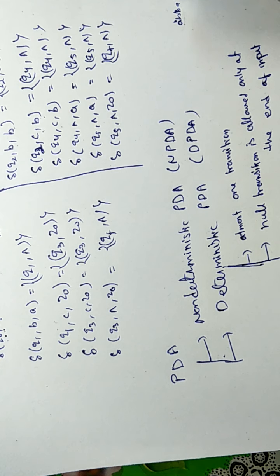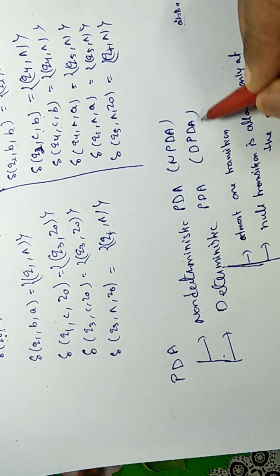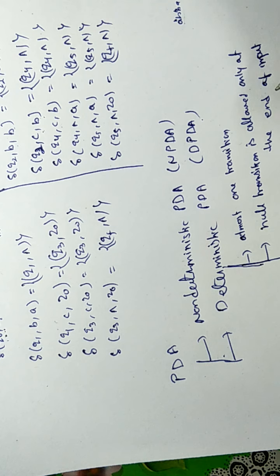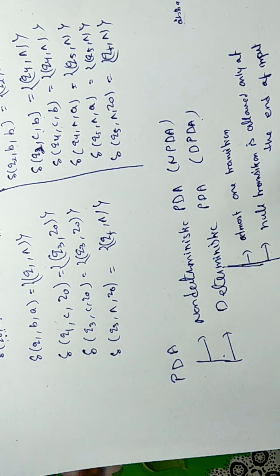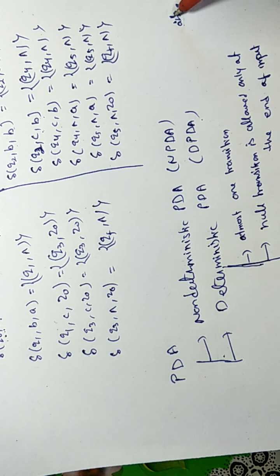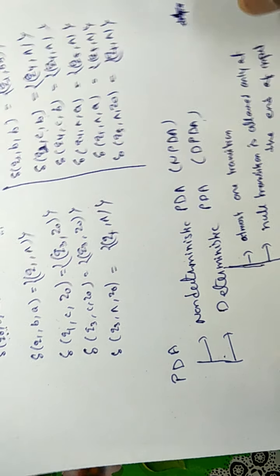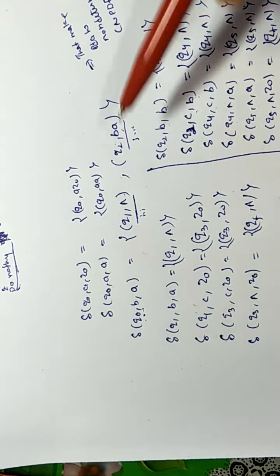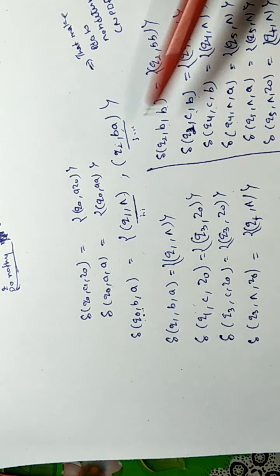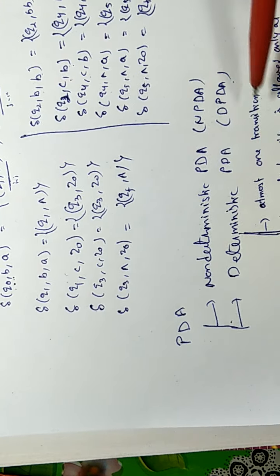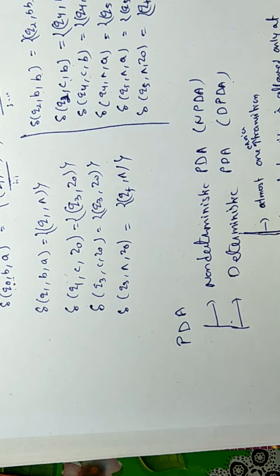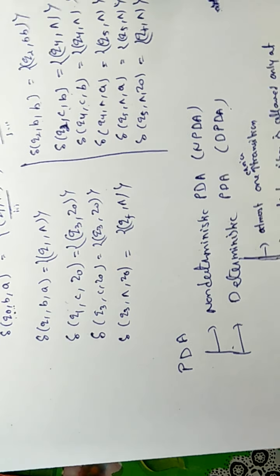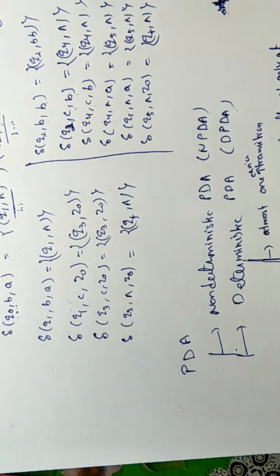In DPDA we assume null is at the end of the input. In NPDA we can write null transition in between also. So NPDA has more than one choice at the transition. In DPDA there is only one choice of transition, at most one choice. It can be 0, it can be 1 maximum.